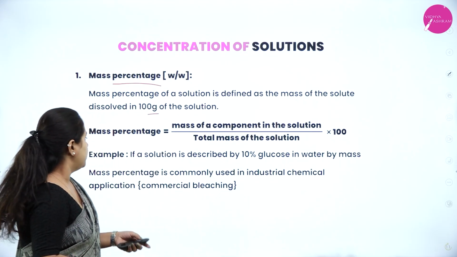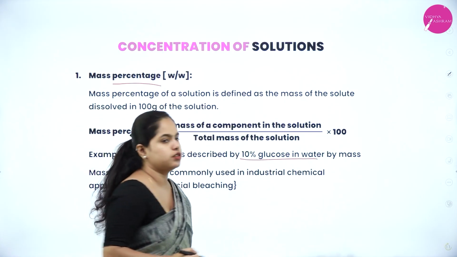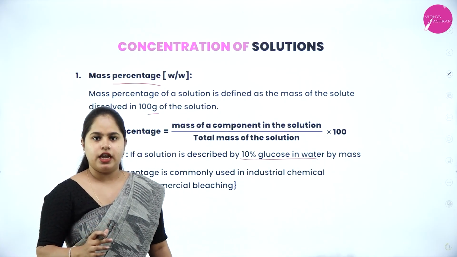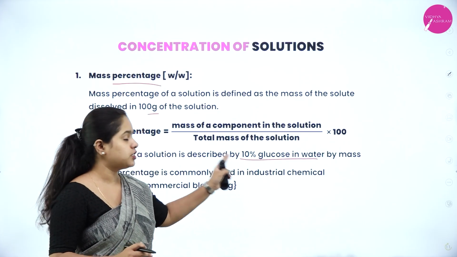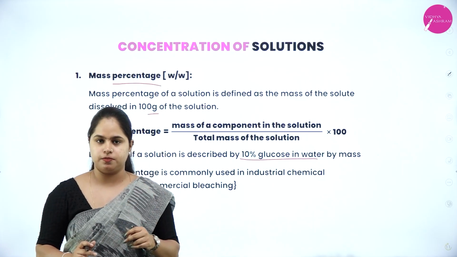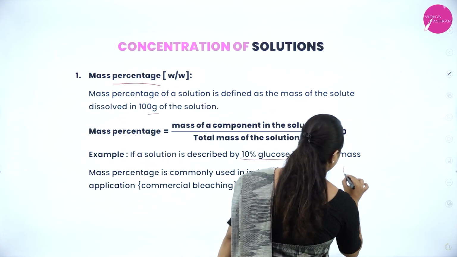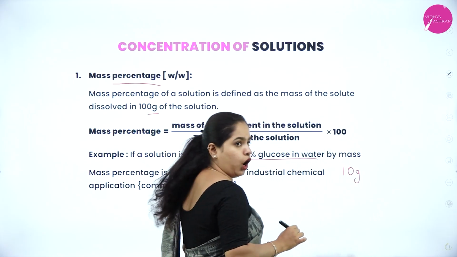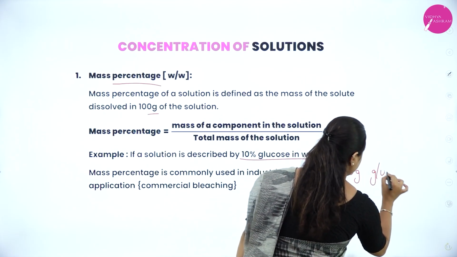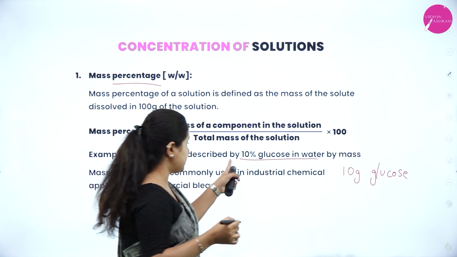Clear? Now, if a solution is described as 10% glucose in water by mass, that is, a solution is present which has 10% glucose in water, what does that actually mean? In this solution, there is 10 gram of glucose, which is 10%.